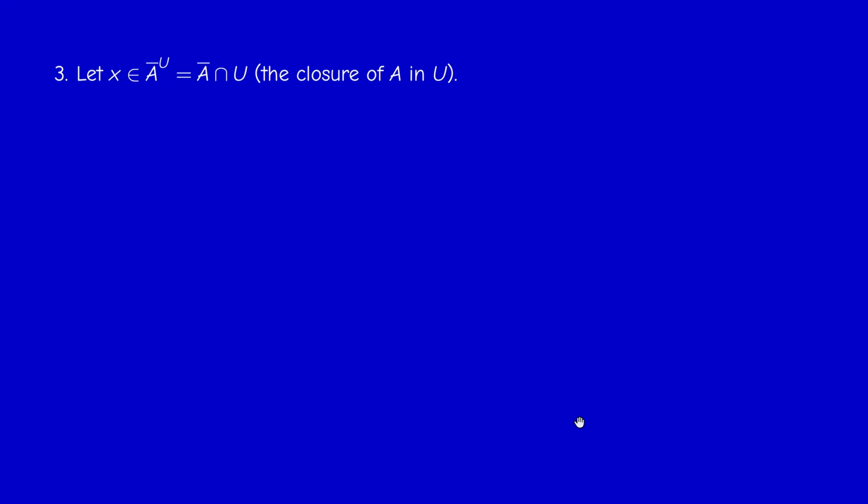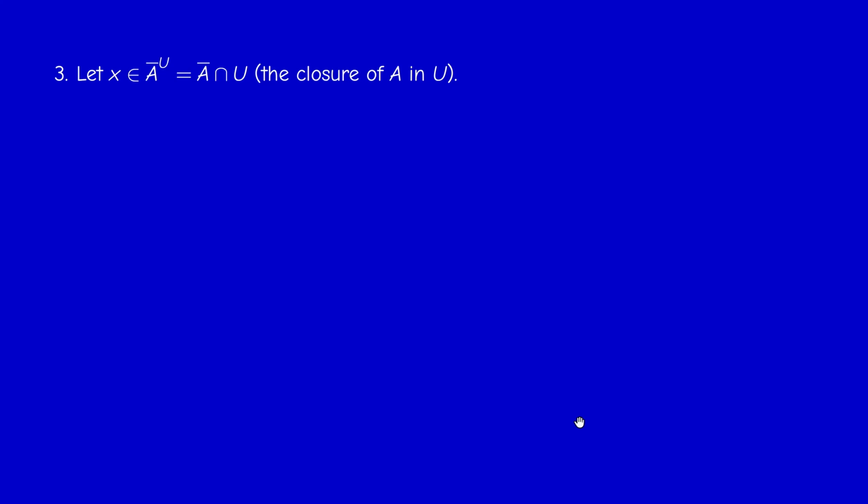Okay, how to prove that A is closed? Well, there are two strategies. Either we prove that the complement of A is open, or we prove that A is equal to its closure in U, of course, because this is a relative closedness.